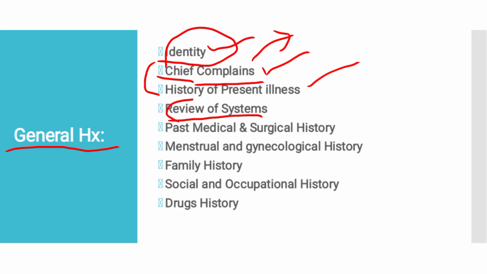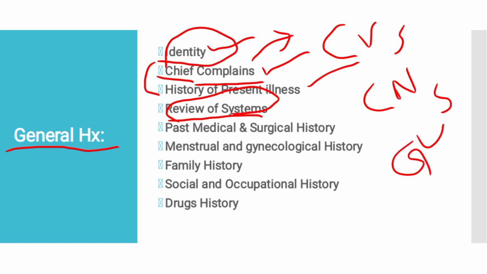We will review all the systems such as cardiovascular system, respiratory system, central nervous system, genitourinary system, gastrointestinal system, locomotor, skin. We will discuss all the systems and ask questions about them.